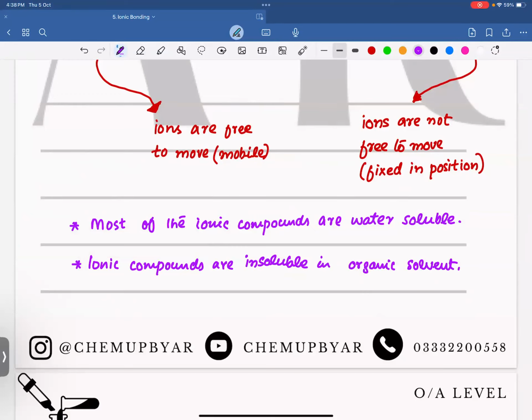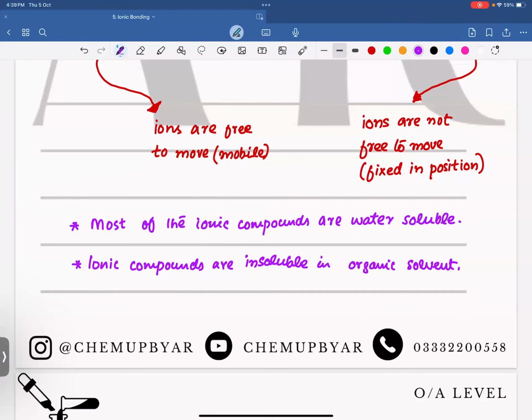Hexane, and there are a few compounds like oil. So these are the organic solvents. Normally we use alcohol and hexane as organic solvents. In those organic solvents, they do not dissolve. But they dissolve in water, though there are a few compounds which are water insoluble.